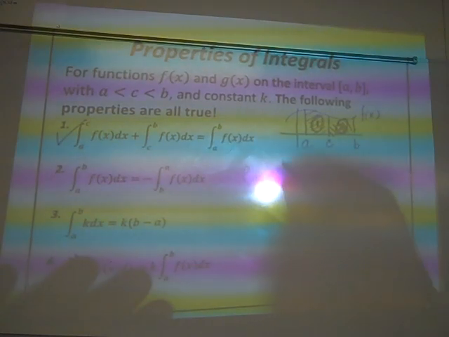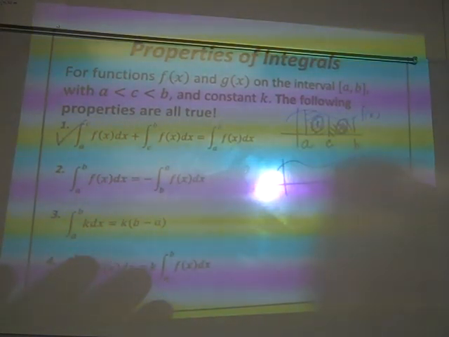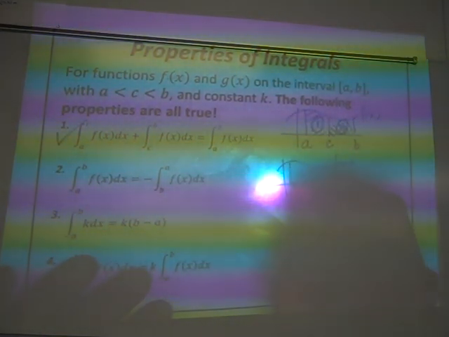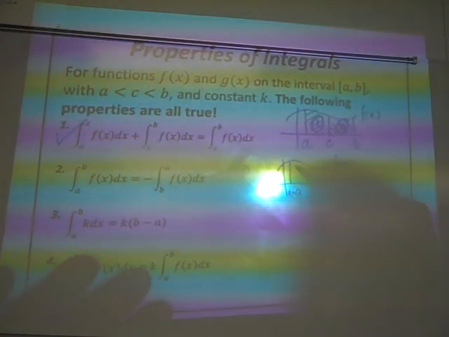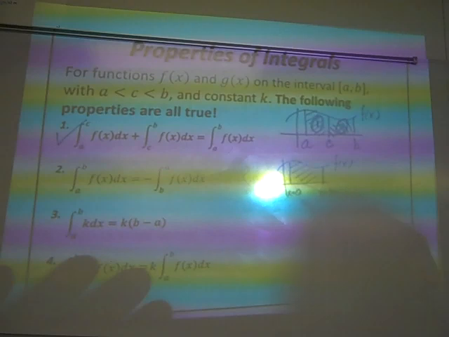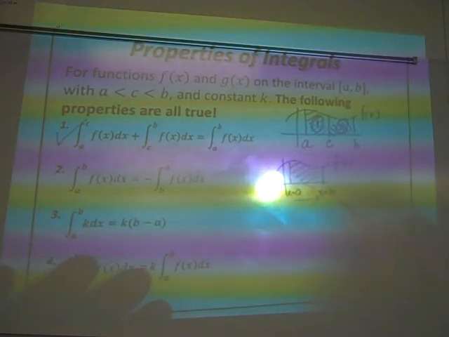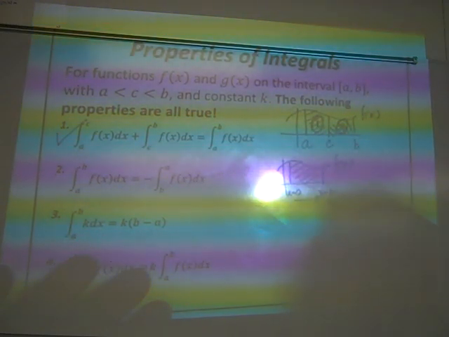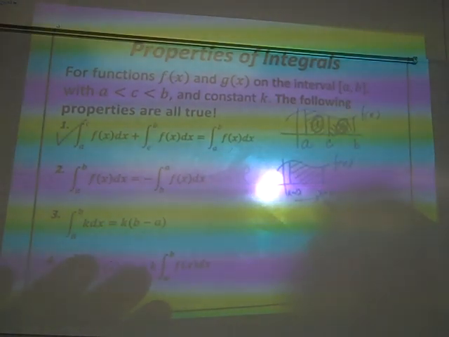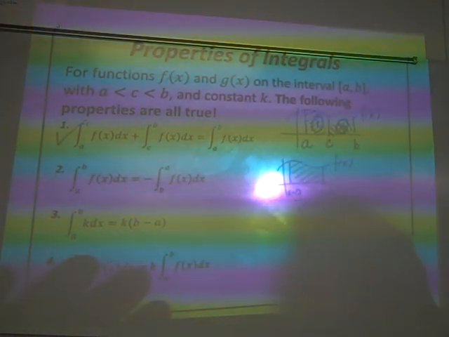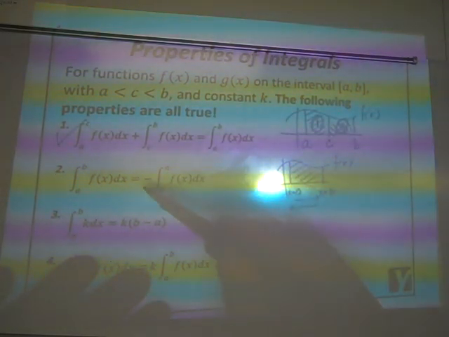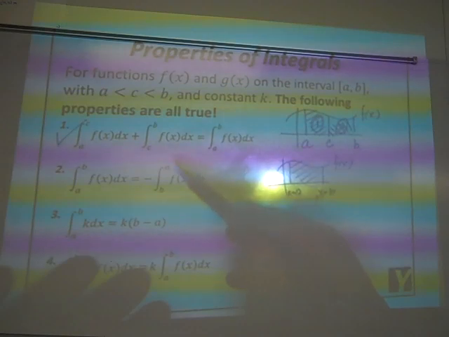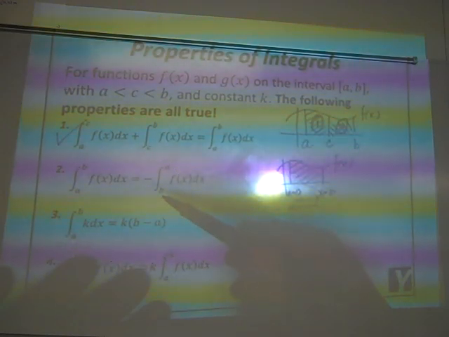What that means is if I have some function, f of x, and I have endpoints at a and b, if I find the definite integral moving from a to b, all right, I'm going left to right, which is the way we normally think about our integrals, it is going to be the exact opposite of finding the definite integral from b to a. So we introduce that negative sign when you switch your limits of integration. And we've seen that show up a few times.